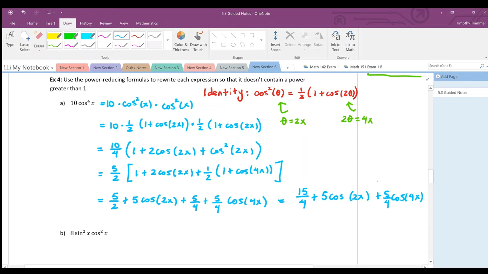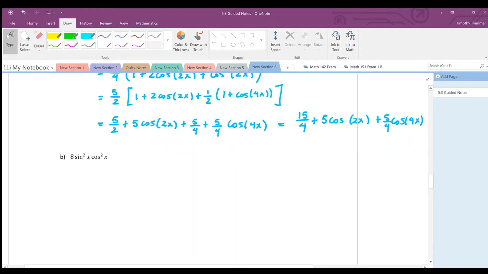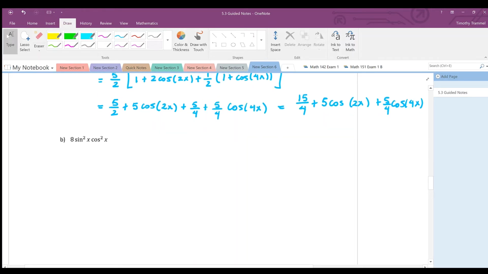All right, and now that probably was a little challenging, but what I'd like you to do is try and mimic this process we just did, but for part B. And for part B, this means you're going to need also the power reducing formula for sine squared. So we have one of the identities that we need up above.